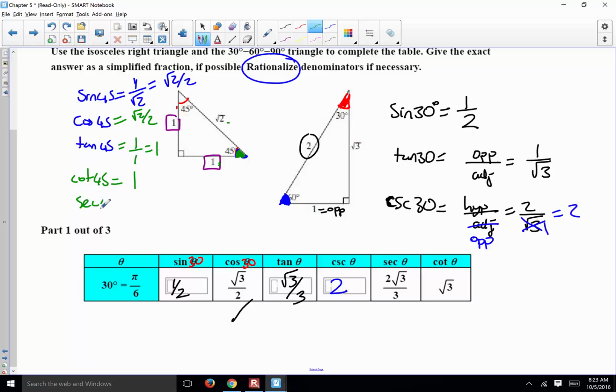Okay, secant 45 is square root 2, hypotenuse over adjacent. Hypotenuse is root 2, adjacent is 1. Yes, you're right, root 2. Okay, cosecant 45 is hypotenuse over opposite, which is root 2 again.